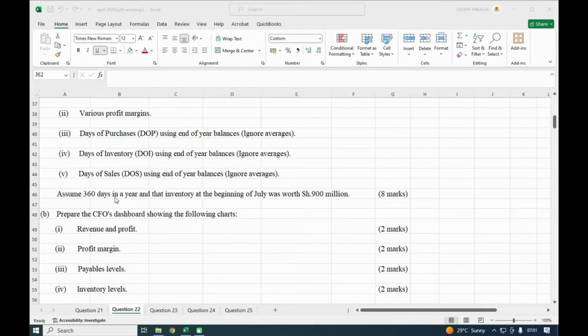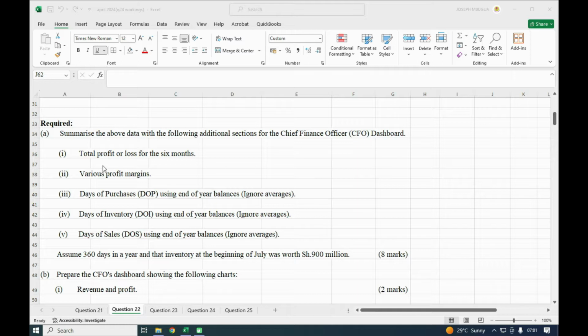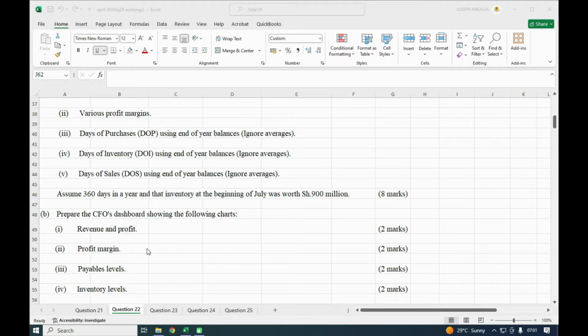And assume there are 60 days in a year, and that inventory at the beginning of July was 900. So remember, what we need is the total profit or loss for the 6 months, various profit margins, days of purchase using the end of year balance, we ignore the averages, days of inventory using end of year balances. Then we need the days of sales using end of year balance, ignore the average.